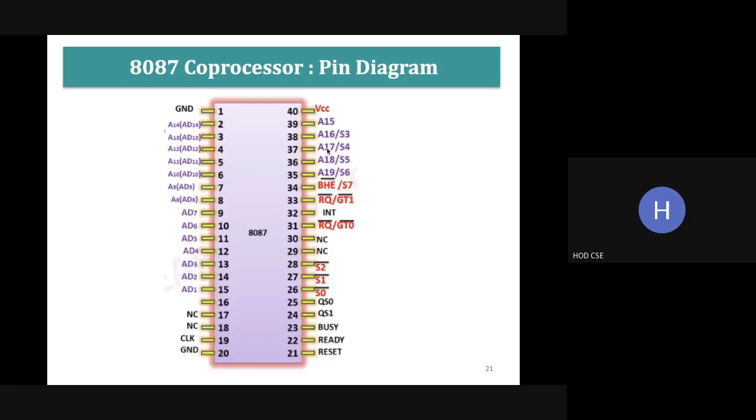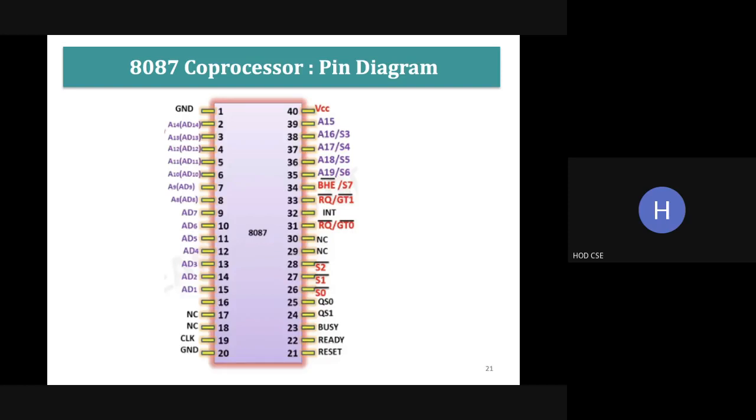Next, we have A16 and A17 combined with the status signals S3 and S4, which are used to refer to the regions, whether we are accessing the code segment, data segment, stack segment, or extra segment. A18 is combined with S5, which refers to the status of the interrupt flag, and S6 and S7 will be 0. So this is the pin diagram of the 8087 processor.